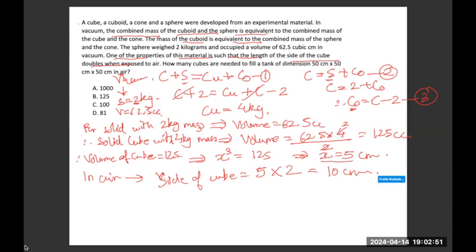So now the volume of this cube in air will be 10 by 10 by 10.